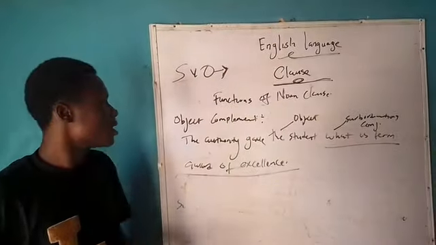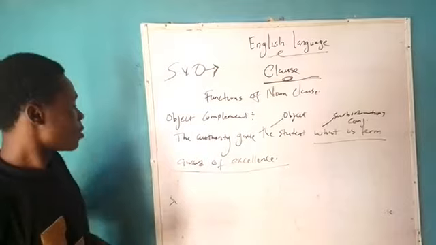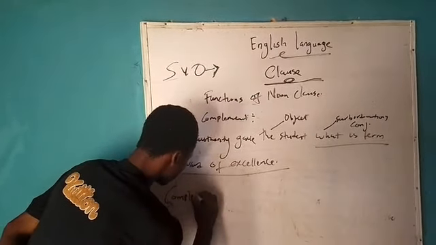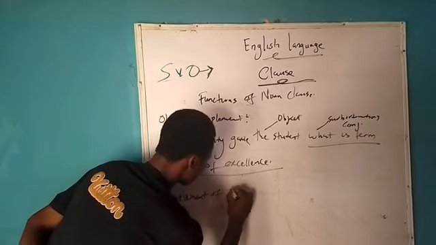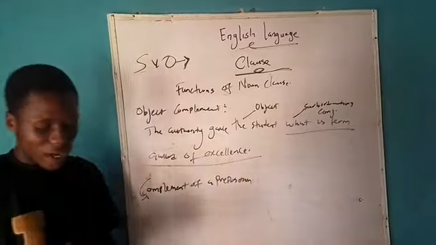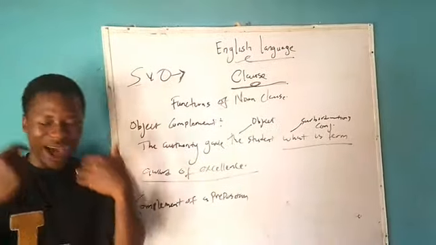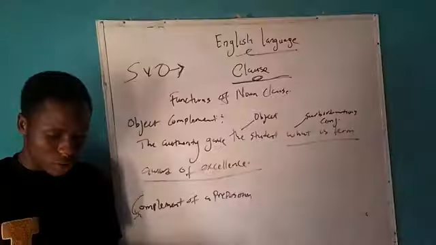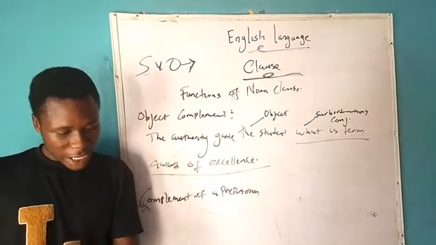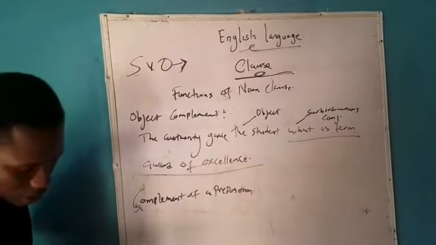Now let's move on to the next function, which is complement of a preposition. And this is when the noun clause comes immediately after a preposition. Look at this example.